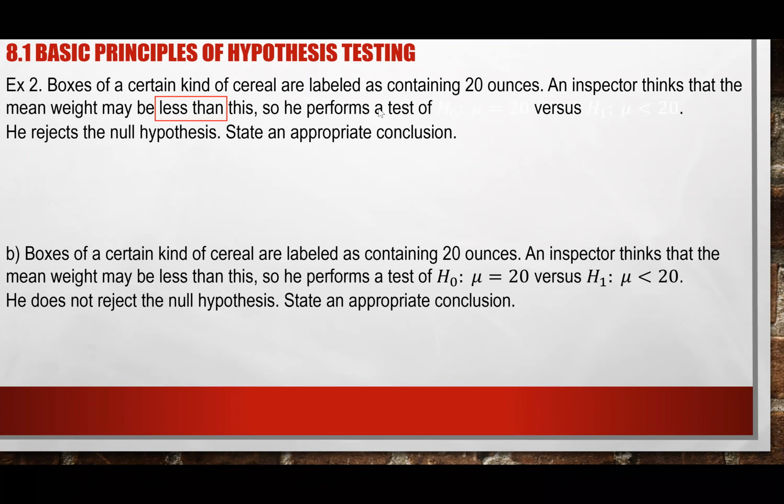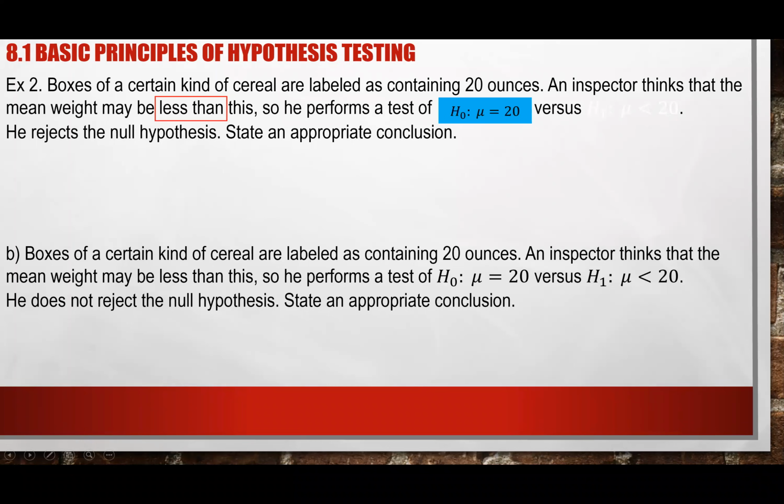So now let me ask you, before we state the conclusion, what will be our test? What is my null hypothesis? Do you agree that the null hypothesis will be mu, which is the mean, because we deal with the mean, is equal to 20 ounces?